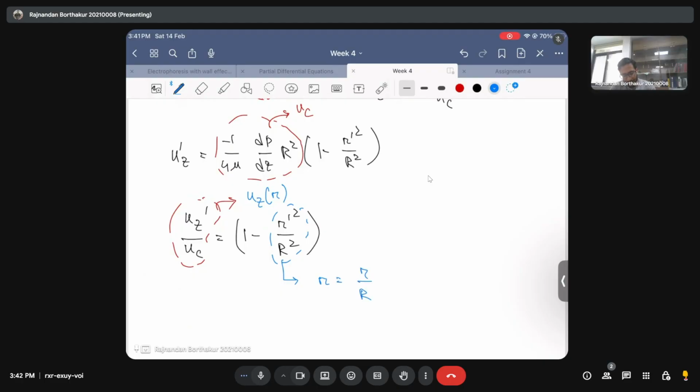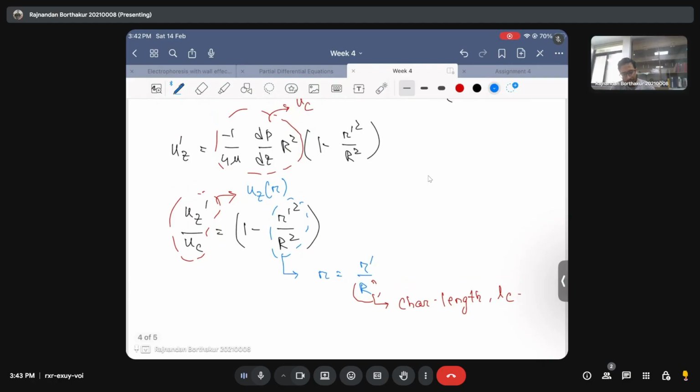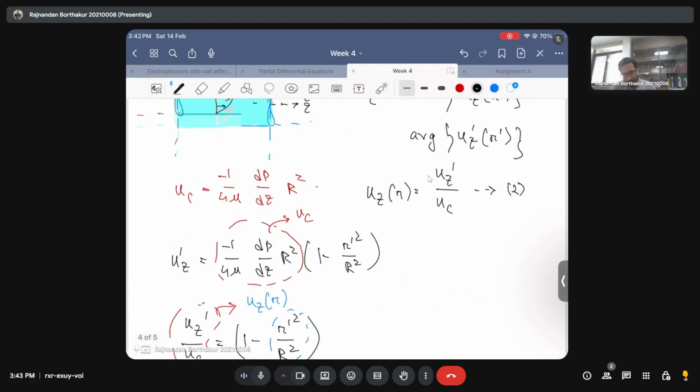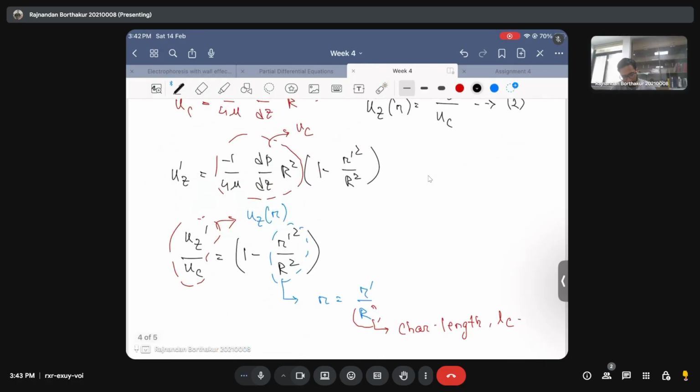And you can argue with the same logic that this capital R happens to be the characteristic length of the problem, which we generally call Lc. And of course this is r dash. So then I can write the non-dimensional version of equation 1 as uz equal to 1 minus r squared. That's it.